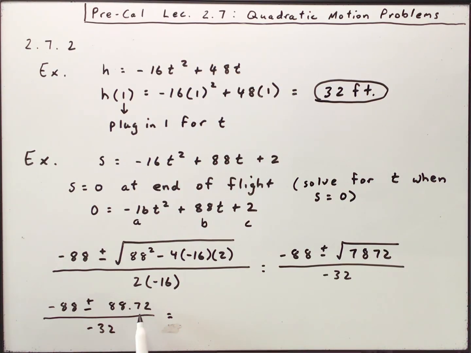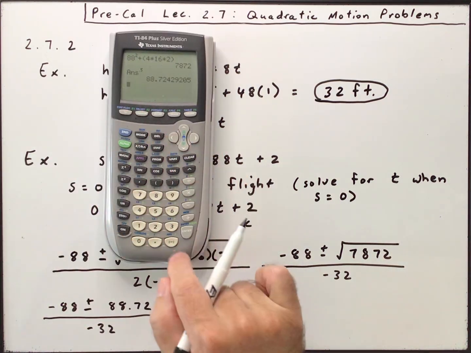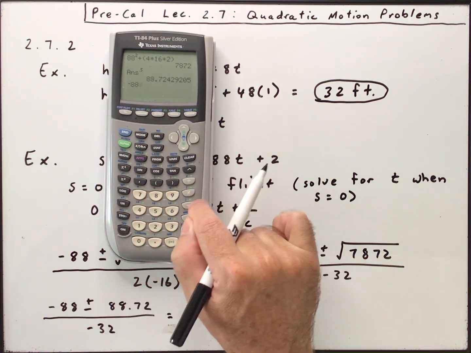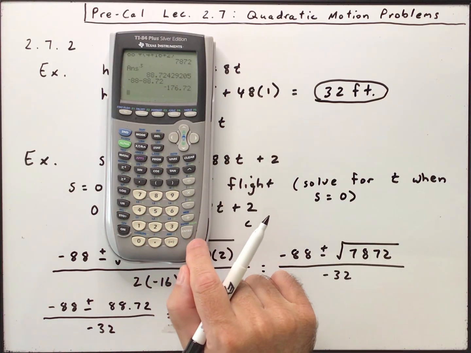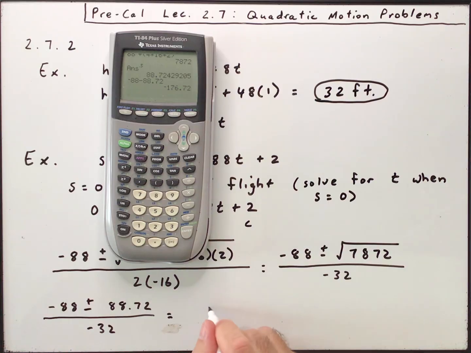Okay, so negative 88 plus 88.72 is a positive number divided by a negative, so that's going to be a negative number, so I'm not worried about that. I'm going to do negative 88 minus 88.72. So that's negative 176.72 over negative 32. That'll give me the positive number.